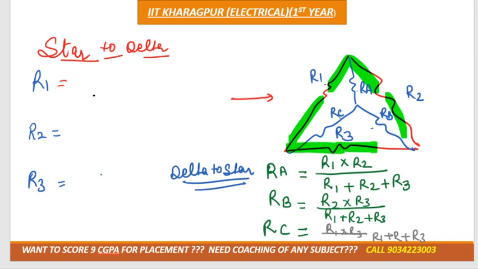Sorry, these are for the form star to delta. R1 is connected between RA and RC, so RA plus RC plus RA into RC divided by the remaining one, RB.